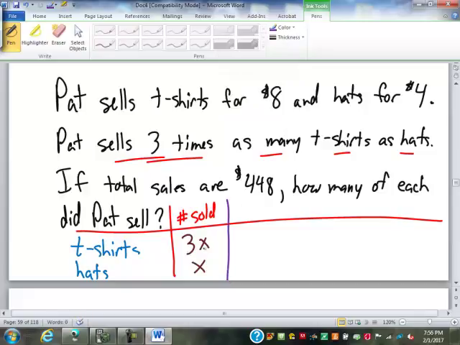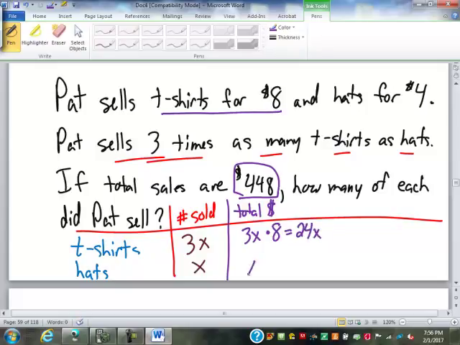But we don't know the total number sold. We know the total dollar amount. So we need to find the total dollars. To find the total dollars for each, you take the number sold times the price. So for t-shirts, we sold 3X times how much each? $8. 3X times 8 is 24X.